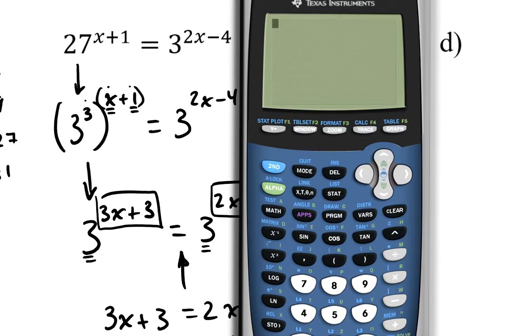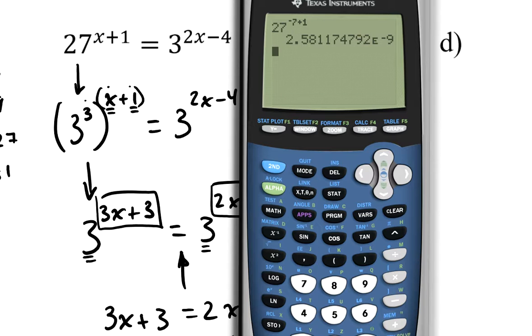So let me go 27, and I'm going to raise it to the power of. Now, this particular calculator is cool because it's going to stay in the exponent until I tell it to leave. On some calculators, you may need to use parentheses here, but I'm just going to say 27 to the negative 7 plus 1 power, or 27 to the negative 6 power.